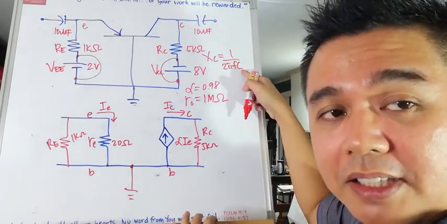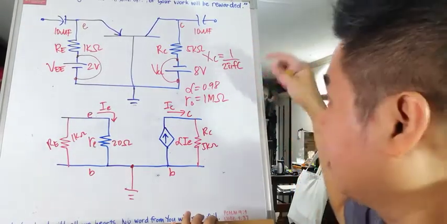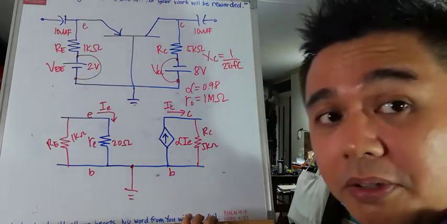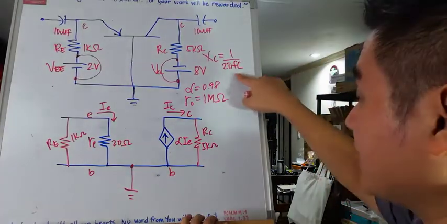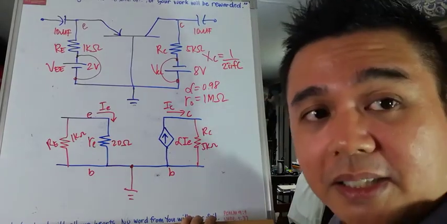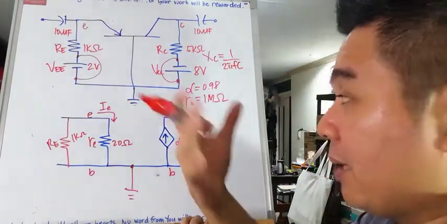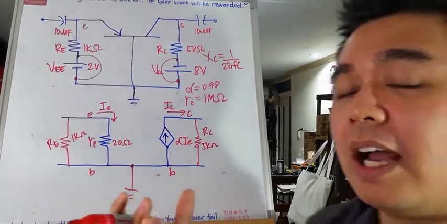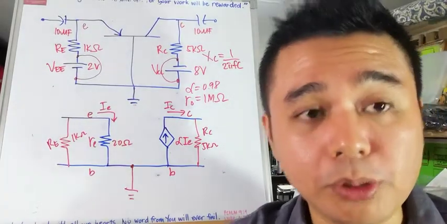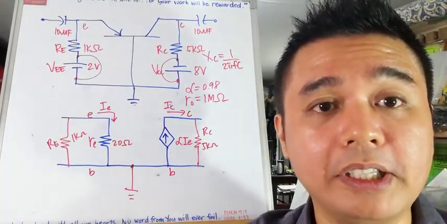Ang C is capacitance in farad, so that is constant. Frequency, pwede natin baguhin, so variable yan. Kapag tumaas ang frequency, what will happen to X sub C? Bababa siya.